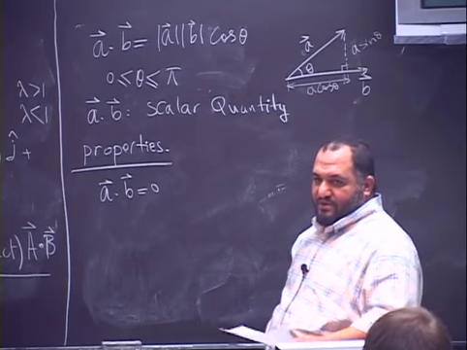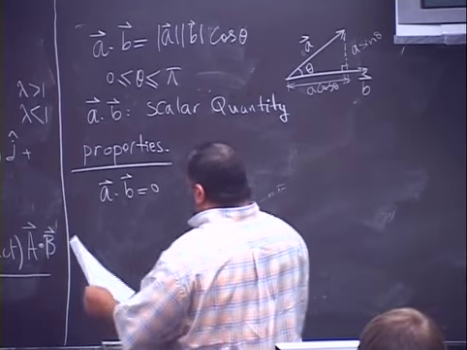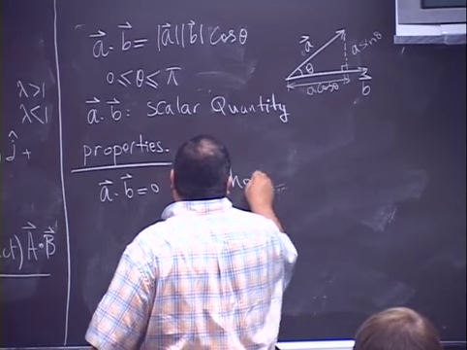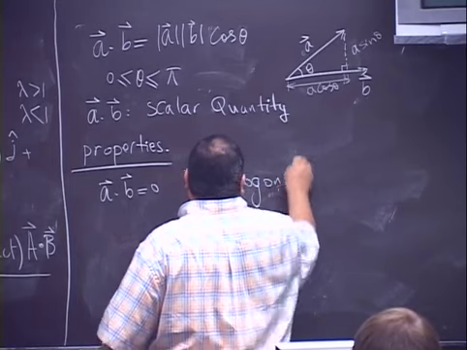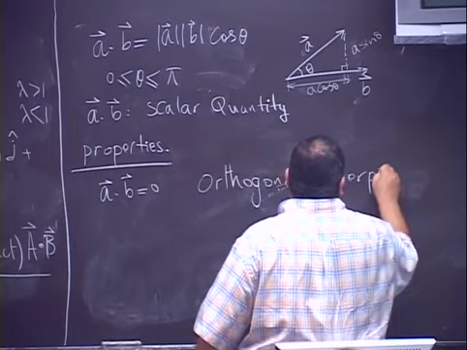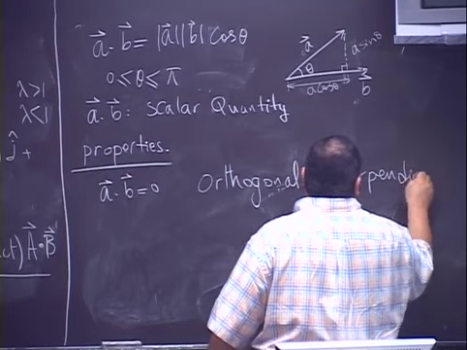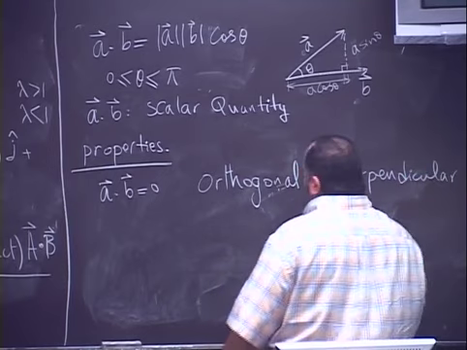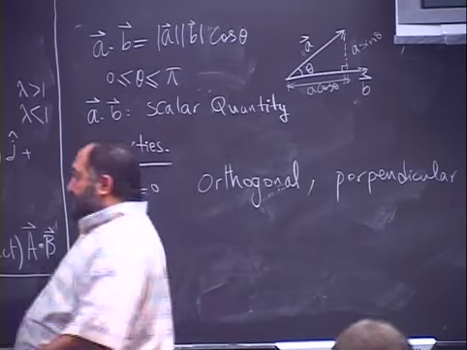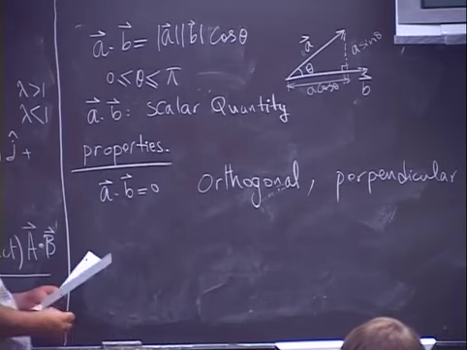So they are perpendicular vectors. For any perpendicular vectors, we call them orthogonal or perpendicular.